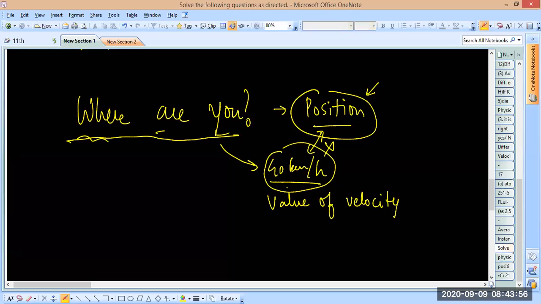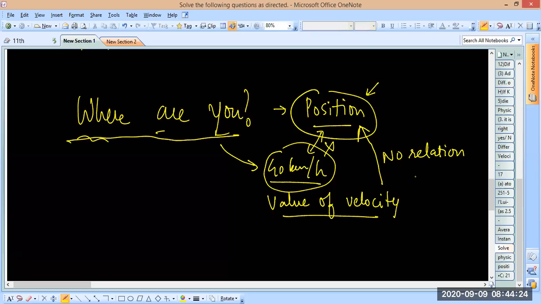The velocity might be 40 kilometer per hour, but you might just be out of your house, or about to reach your friend's house, or somewhere in between. So this value of velocity has absolutely no relation with position. Agreed?